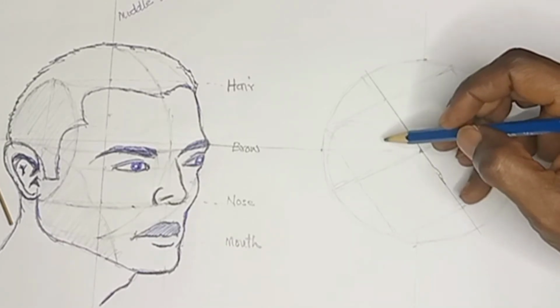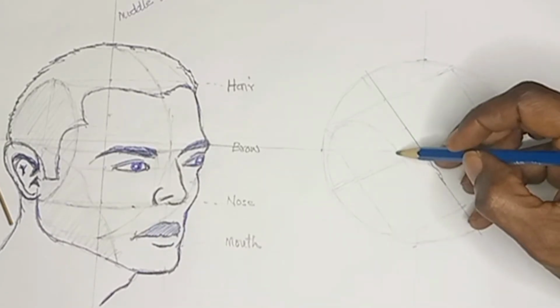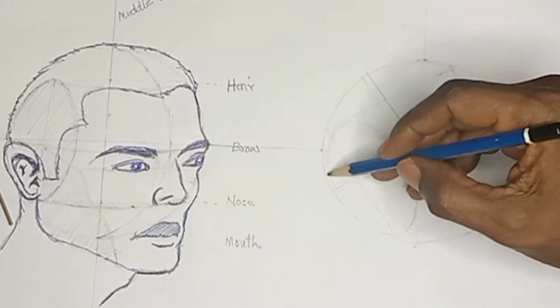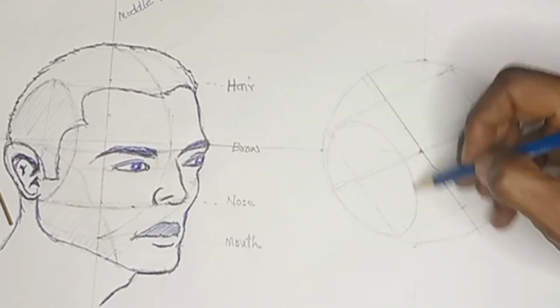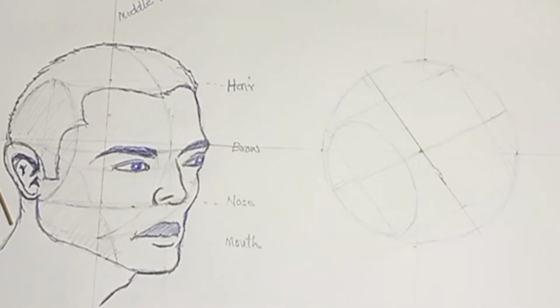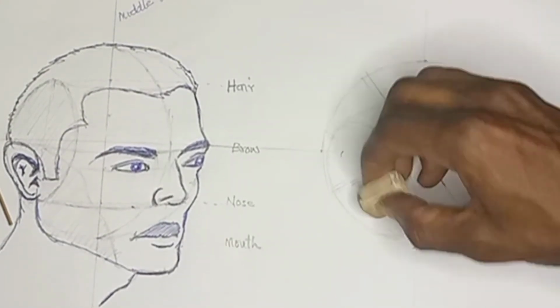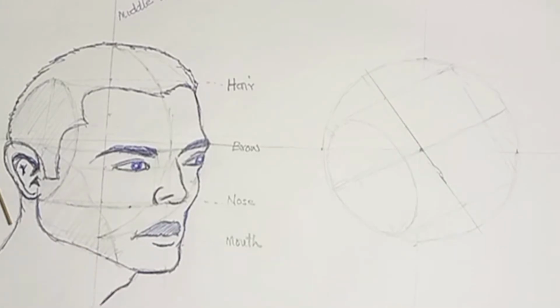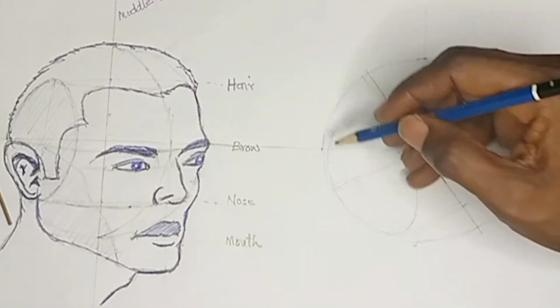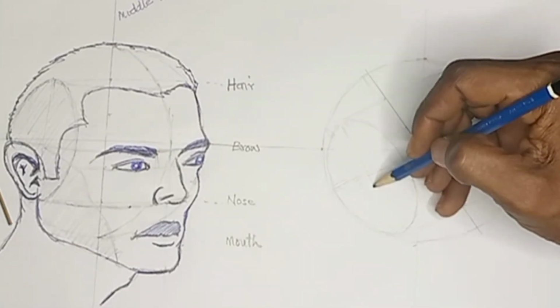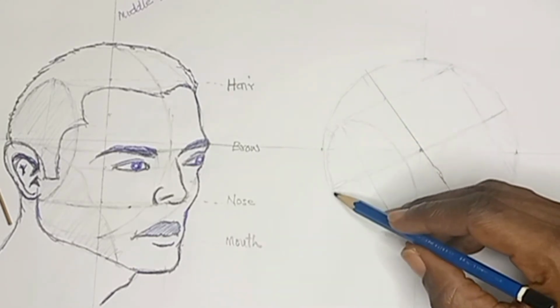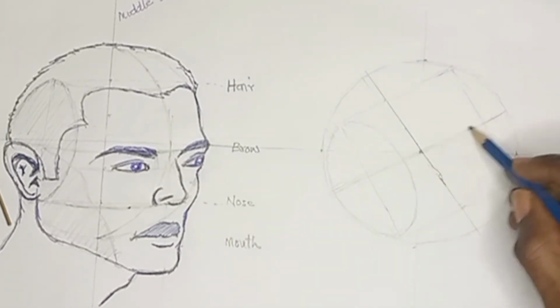As you can see, nothing has changed, the same procedure. I erase that so that I can divide the inner circle into 2 equal parts.